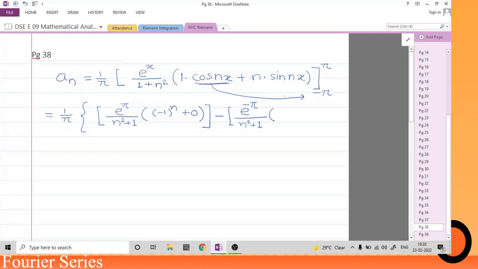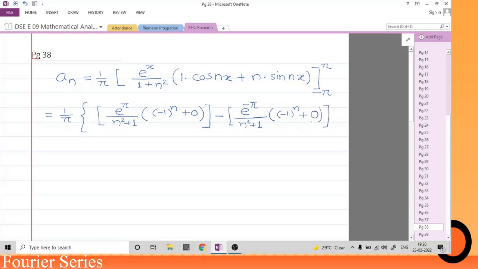So neglect that minus sign for cosine. So cos n minus pi is the same as cos n pi, and cos n pi is minus 1 raised to n. And again in the second term, sin n pi is 0, the negative of that is again 0.